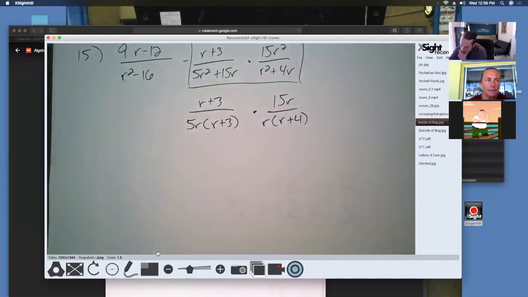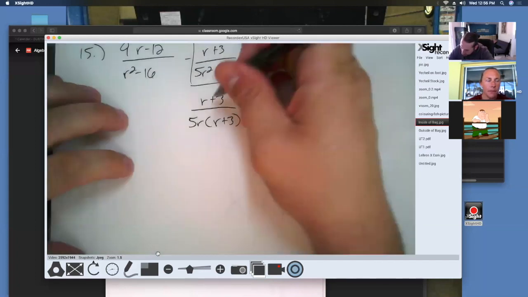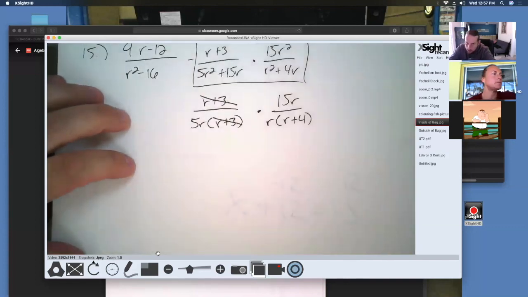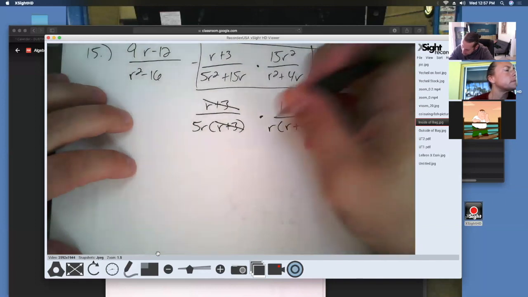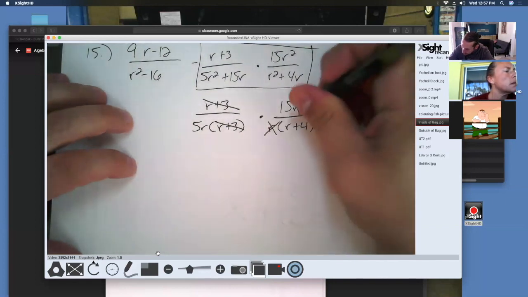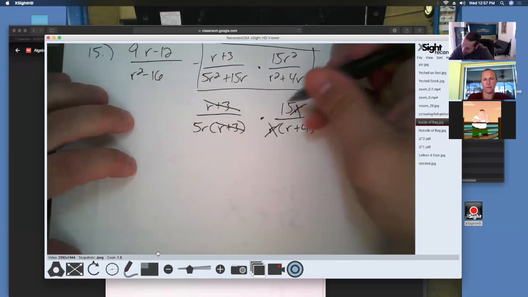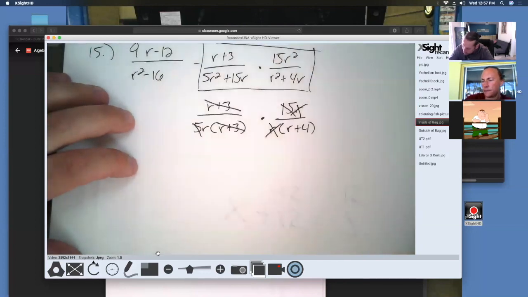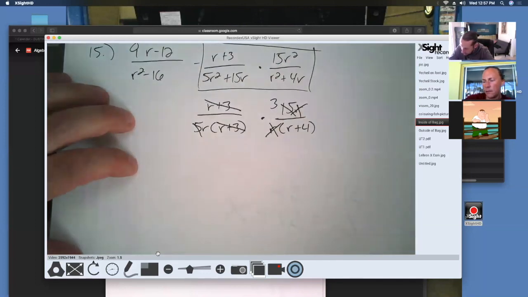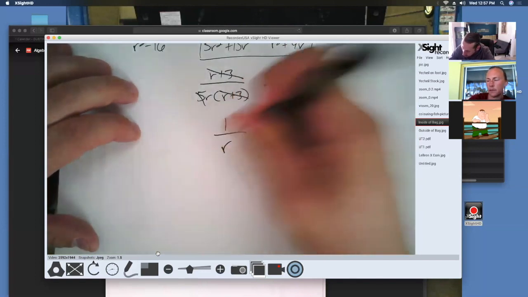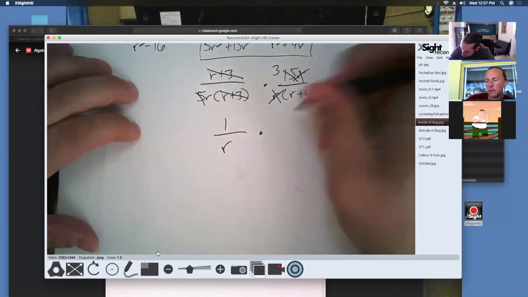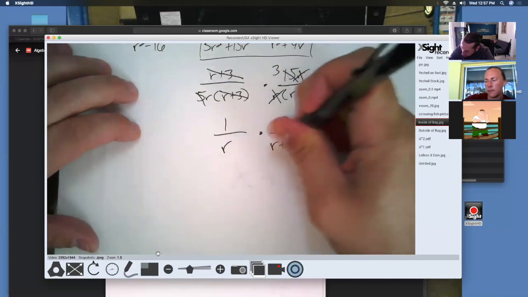Because if I do that, I can see that this r and this r will cancel out. I can also see that this 15 and 5 can reduce and give me a 3. So really what I have left here is 1 over r times 3 over r plus 4.